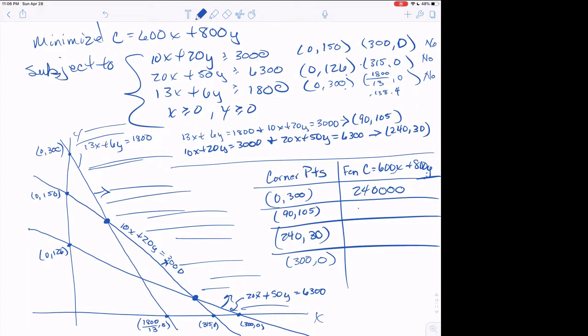We get 894,000. We get 384,000. 3 times 240 plus 800 times 30.